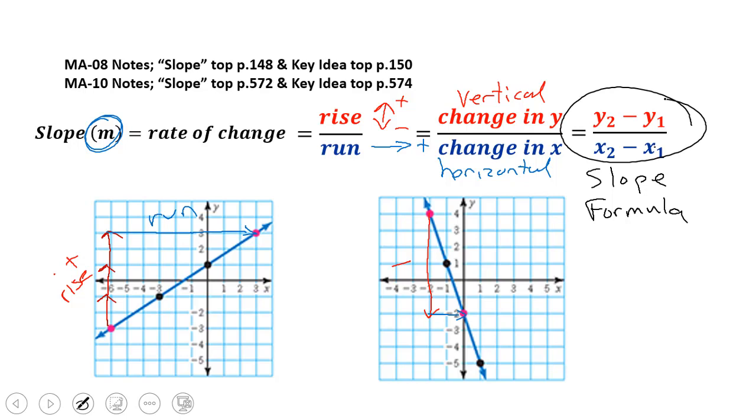Now I'm going to tell you what this means. It means that we have an ordered pair right here. That ordered pair is (x2, y2). The 2 just means that that's the second point. We start at the second point, and this other one, (x1, y1), that is the first point.